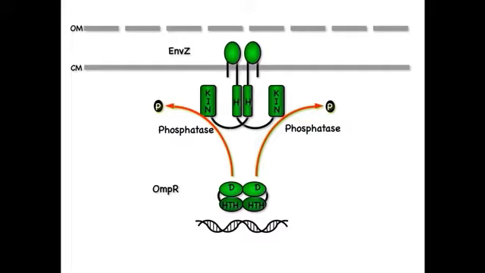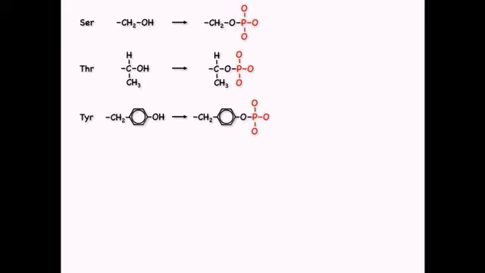So now, as that bacterium went from a high solute concentration to a low solute concentration, it turned off its kinase activity, largely, and turned on a phosphatase activity, which is specific for that aspartate on OMP-R. And so now OMP-R falls off of that DNA, and the bacterium goes back to its original expression pattern, now hopefully adaptive to that low solute concentration.